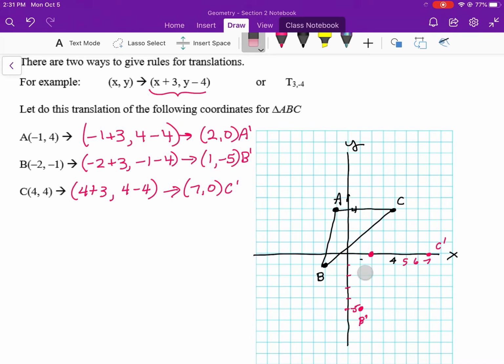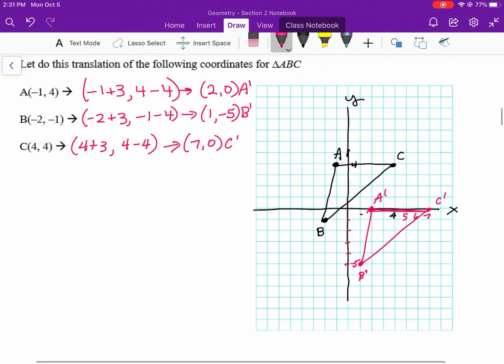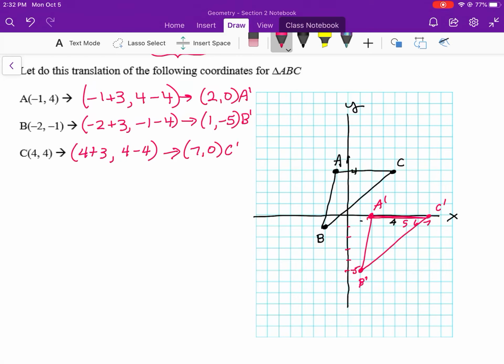Now, because A prime looks like it's in the middle of the triangle, I'm going to move the letter out here. So now I draw that line, draw this line, and I draw this line. So look at those two graphs, right? Okay, notice they look exactly the same.